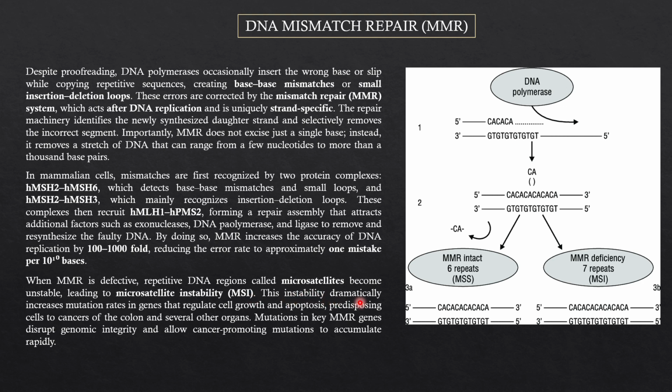This instability dramatically increases the mutation rates in the genes that regulate cell growth and apoptosis, predisposing the cells to cancers of the colon and several other organs. And mutation in the key MMR genes disrupts the genomic integrity and allows the cancer promoting mutations to accumulate rapidly.